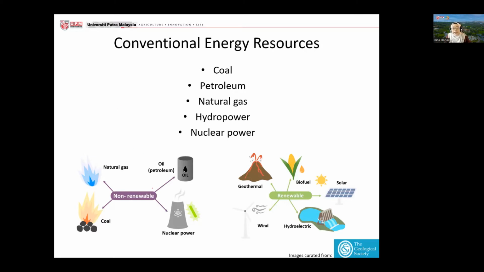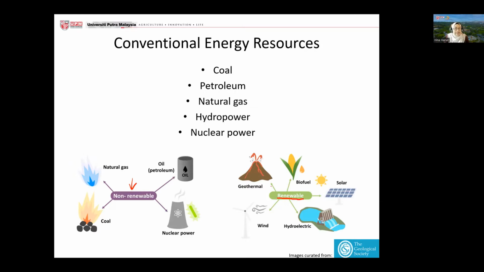One of the similarities of the ones that we learned before is that those are non-renewable. It means that one day it's going to be finished off. It may be soon, it may be a long time coming, but because the resource is finite, it has to be used up at one point, which is why people are also looking at renewable resources.